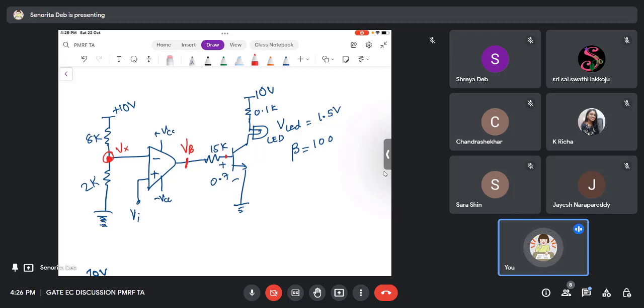And if your VB is high enough to provide current to the base of BJT such that the base to emitter is biased with 0.7 volts, there will be a current flowing, and therefore there is a chance that the LED is glowing. Is this clear? So if there is doubt here, you can ask right now, whatever I am saying.